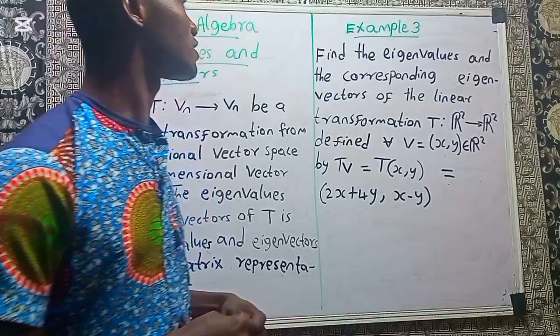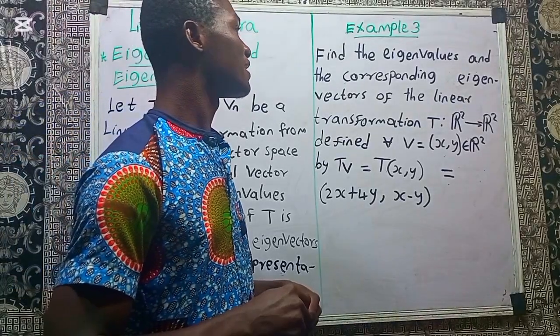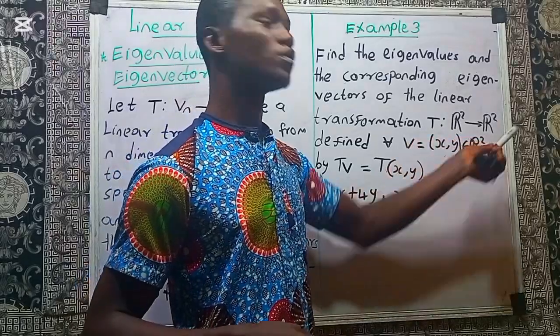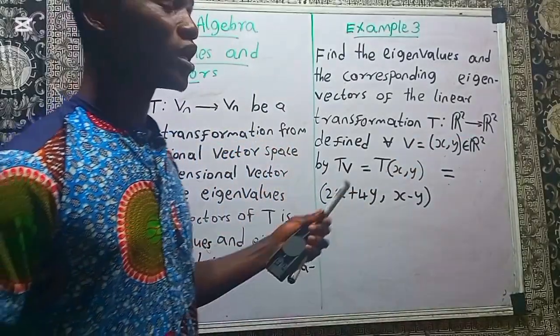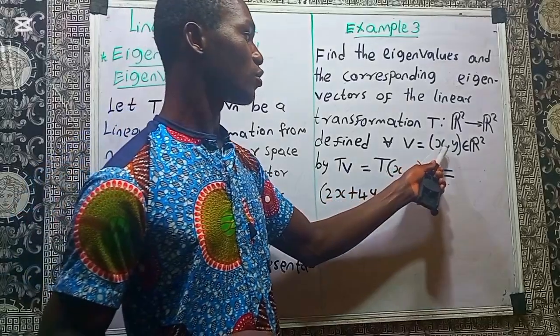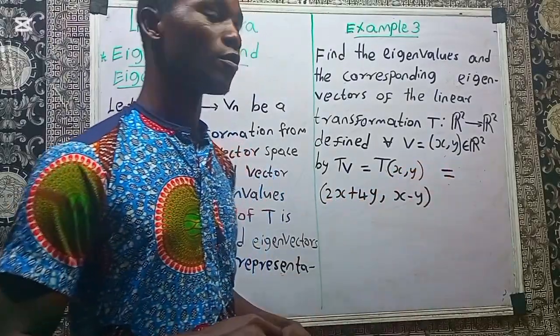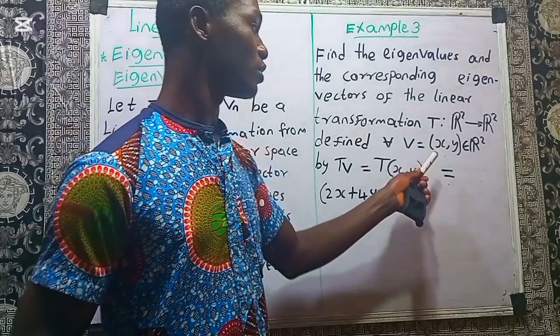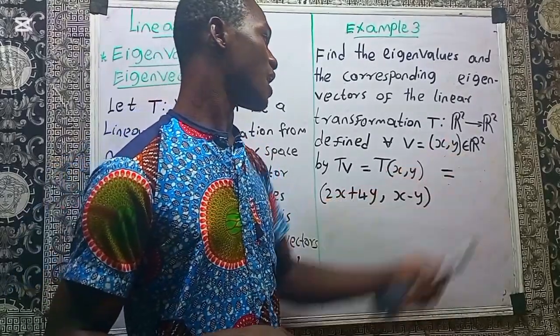So in this example, they ask us to find the eigenvalues and the corresponding eigenvectors of the linear transformation mapping R2 to R2. And you know, any vector in this R2 will have two entries, x, y. So V is an arbitrary vector, which has entries x, y in this R2.